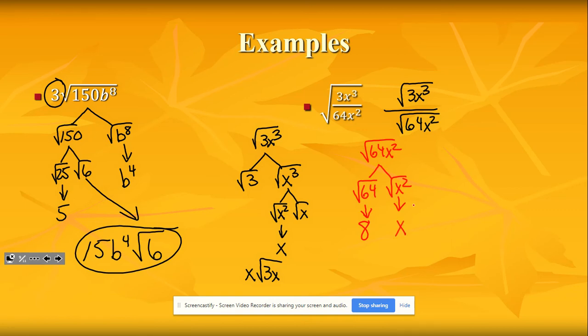So on the bottom of my fraction, I have 8x. So let's rewrite the fraction as x radical 3x over 8x. Now to simplify this to the fullest extent, because we have x on top and bottom, it is possible to take these out. And so my final answer would be radical 3x over 8.